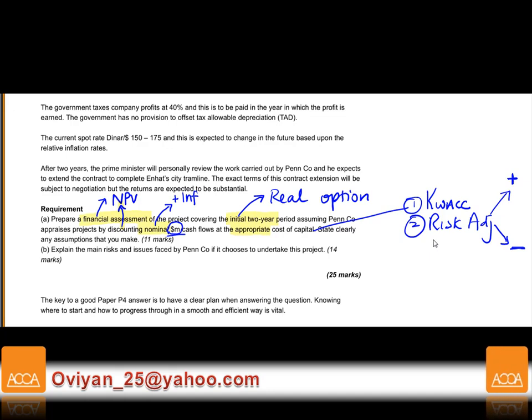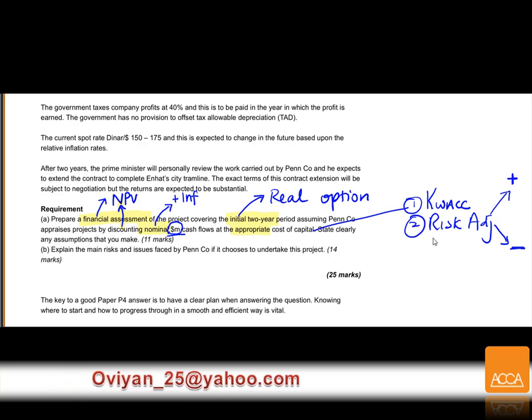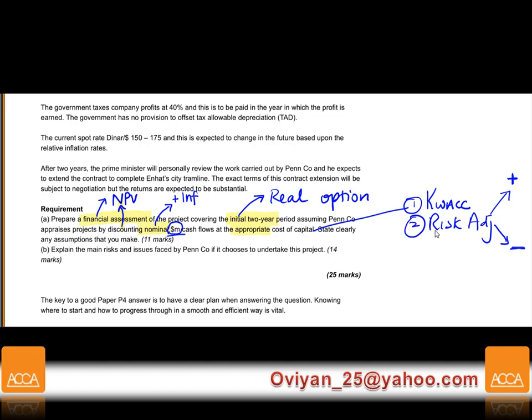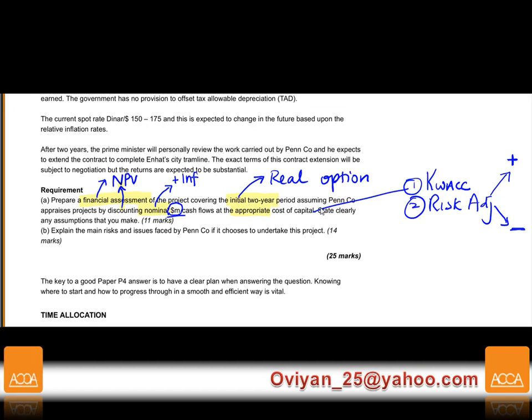You're going to adjust the betas, ungear and regear them. But later we will see in this question there's no such case, because we are told the exact cost of capital that we're going to use. So no worries about that. Probably in other questions we'll look into that one.